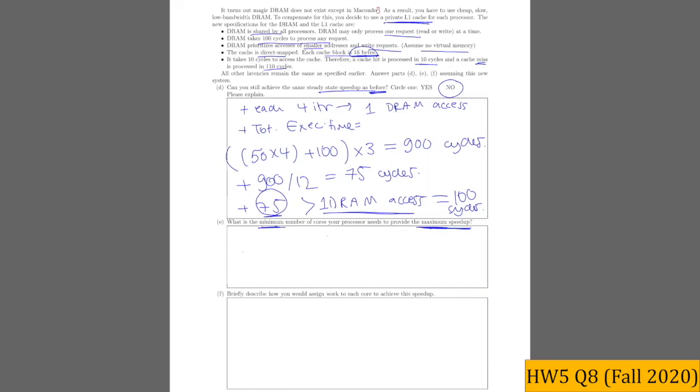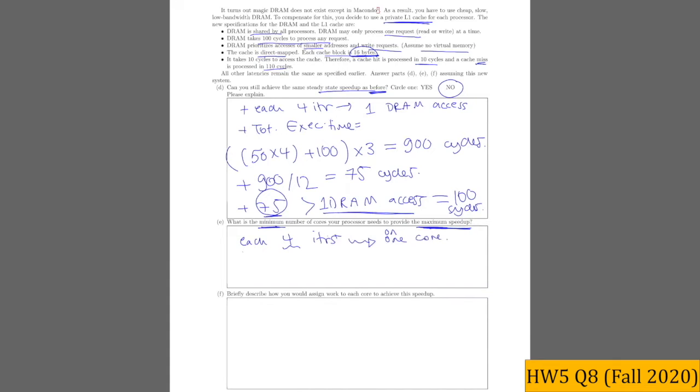It is very important that each 4 iterations here be executed on 1 core.